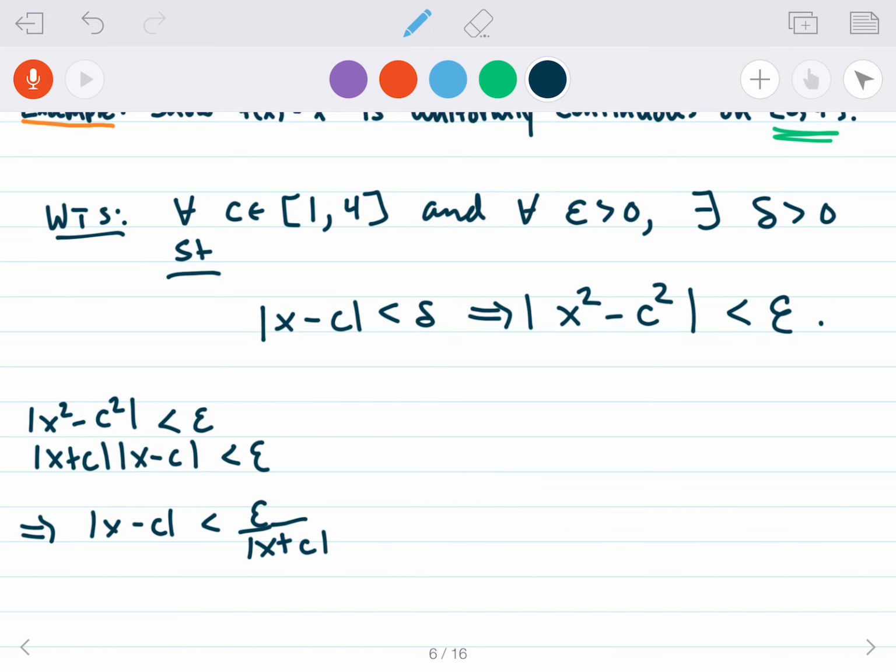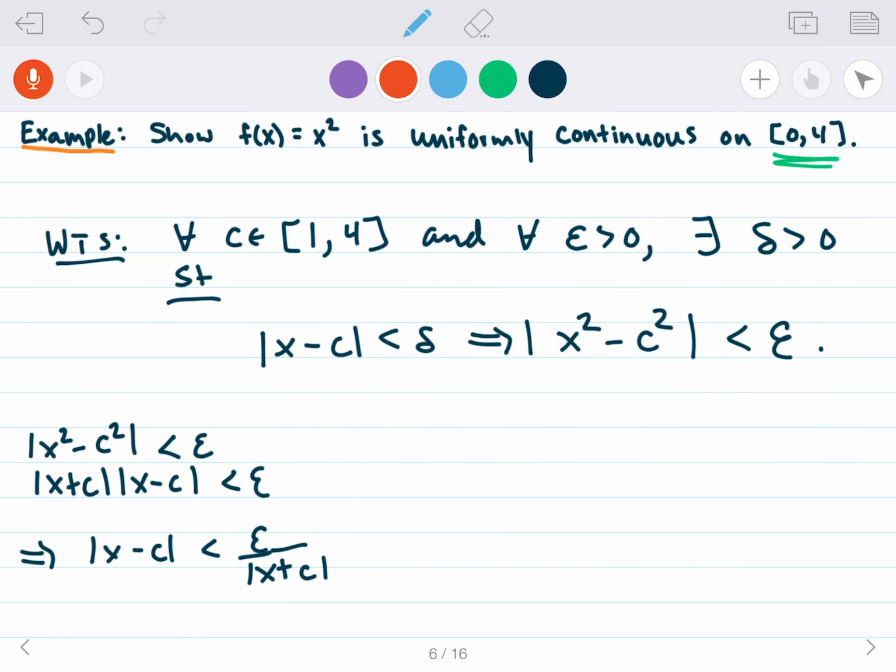Now, here's the key observation. x and c are just things in our domain. Our domain is this compact interval from 1 to 4, closed. And so we can bound x plus c based on our interval, whereas before we could not. We had an unbounded interval.